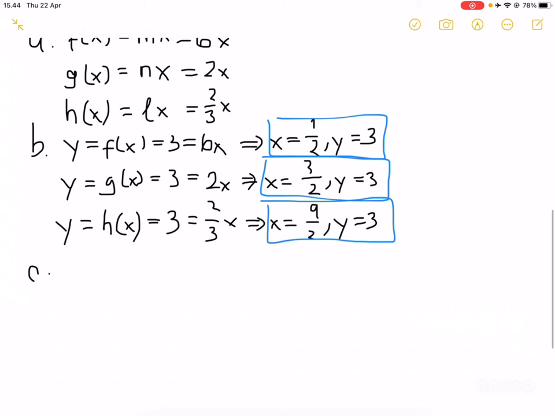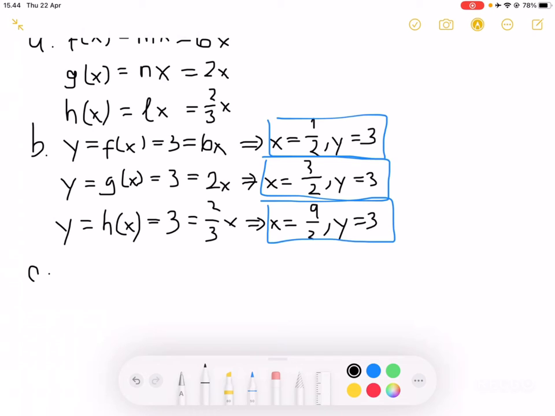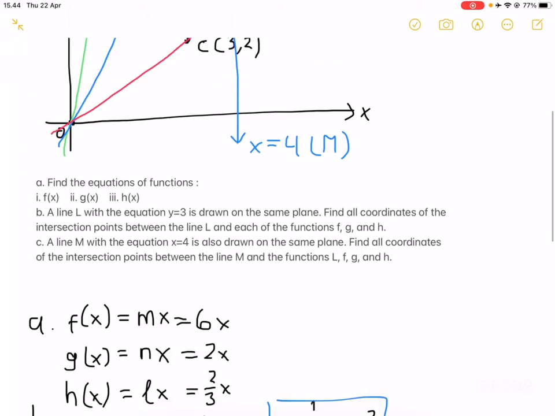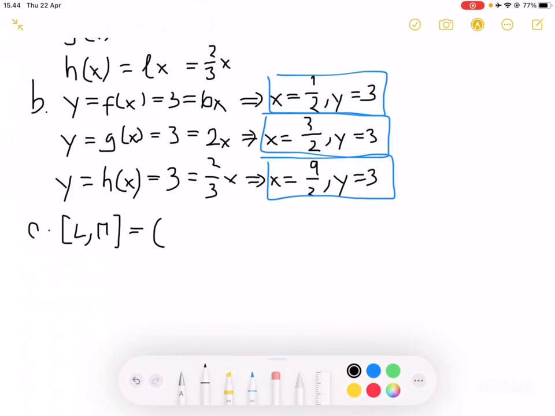So let's see, let me just denote this operation as the intersection point between function L and M. And later I will write something like f comma m, which indicates the intersection point between function f and line M. So for the first intersection point, which is between L and M, it is not hard to see that it's equal to 4, 3.